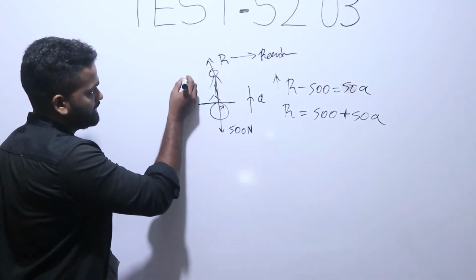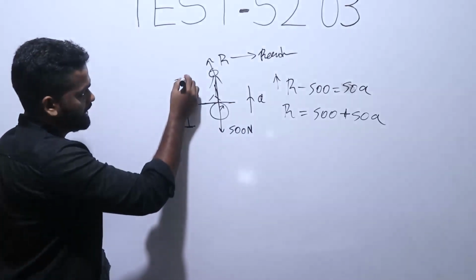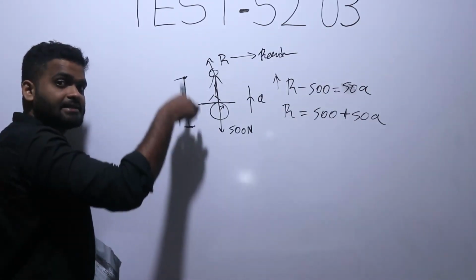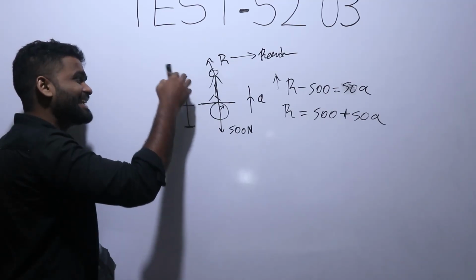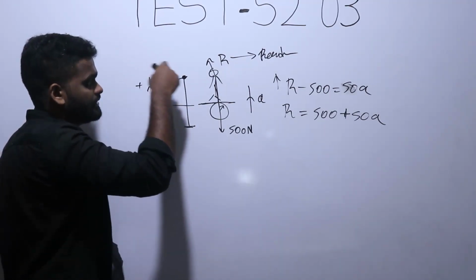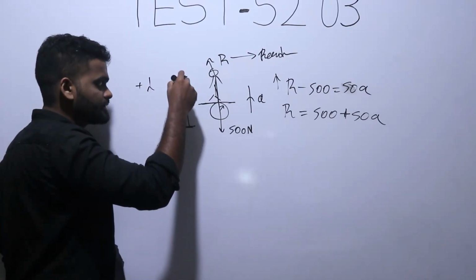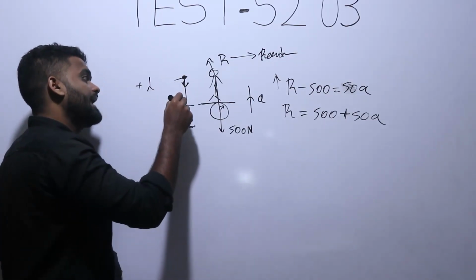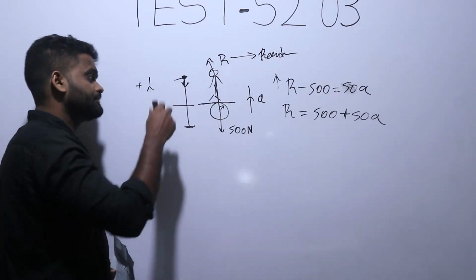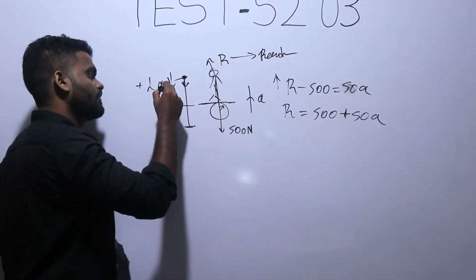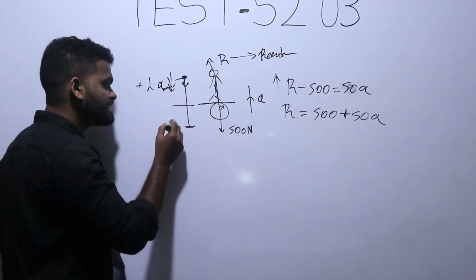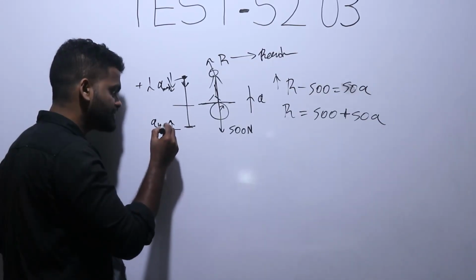So let's say at the top, it is oscillating like this, and at the top it has a negative maximum acceleration. If I consider this to be the positive side, acceleration is downwards at this point. And at the amplitude, it has a maximum negative acceleration at this instant. And at the bottom, it has a maximum positive acceleration.